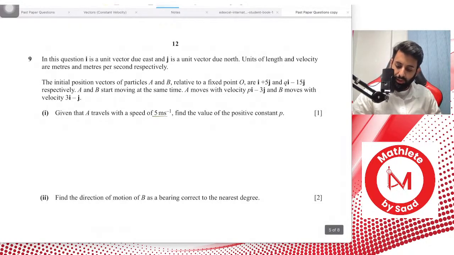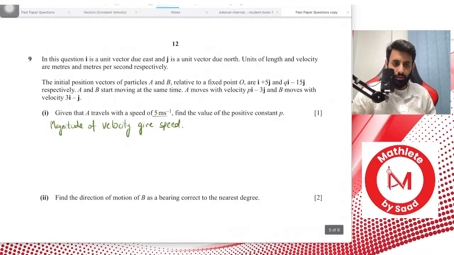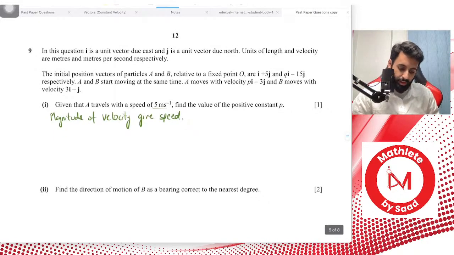One thing that you should remember is that the magnitude of velocity gives speed. Speed is magnitude. So basically, we're talking about A. A has velocity pi minus 3j.